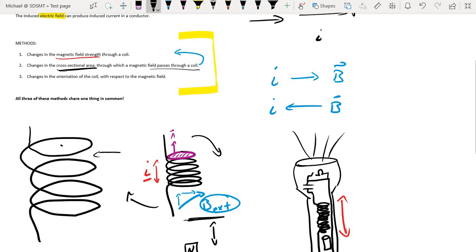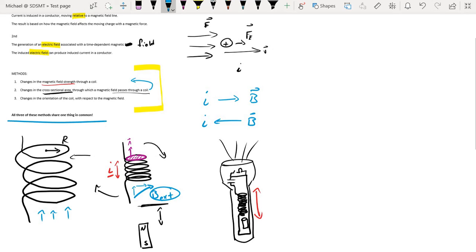If we could make the radius of the coil larger or smaller than what it currently is, then that would change the amount of magnetic field that could pass through the coil at any given moment.